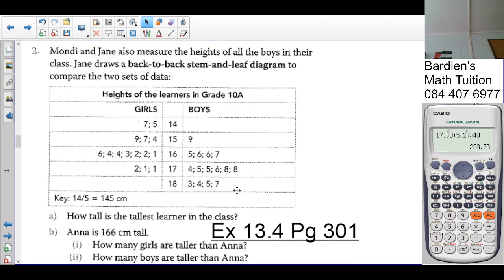Okay, so for homework, I would like you guys to do the exercise on page 301.